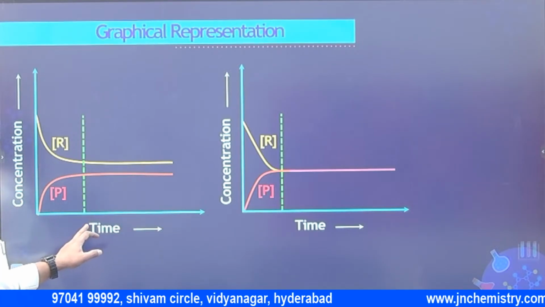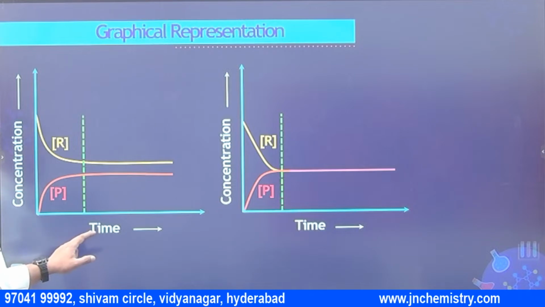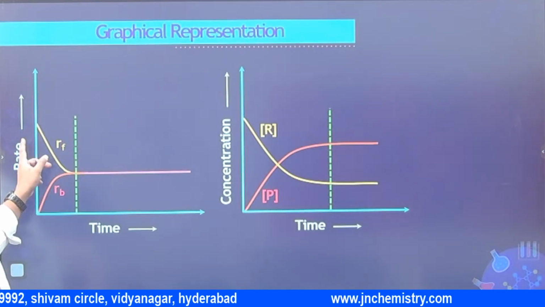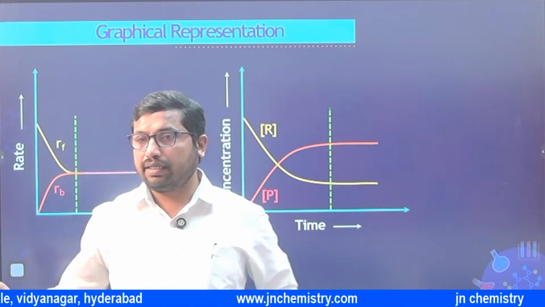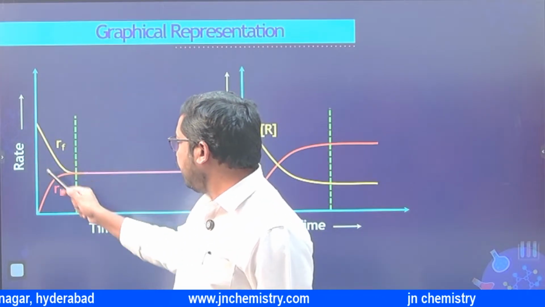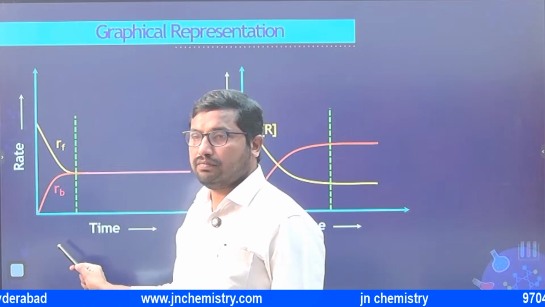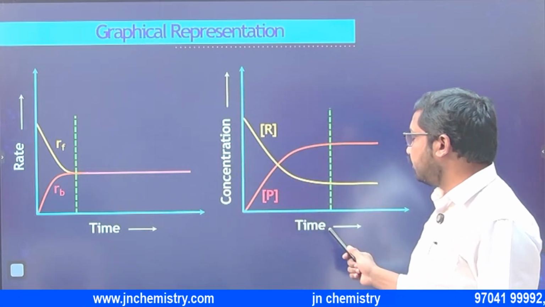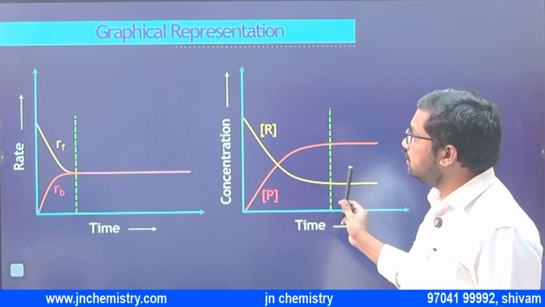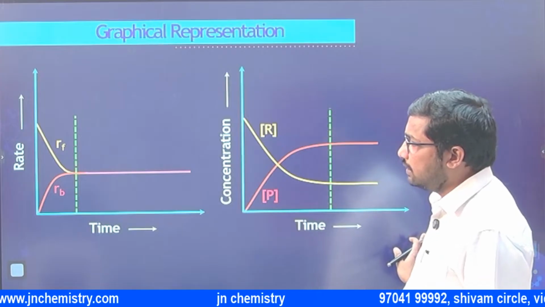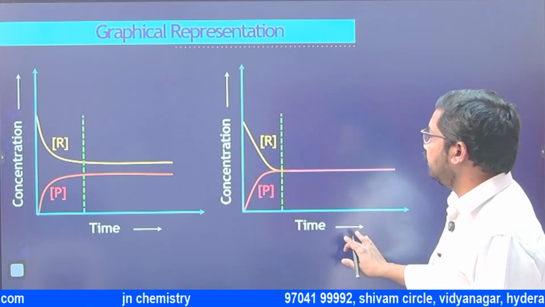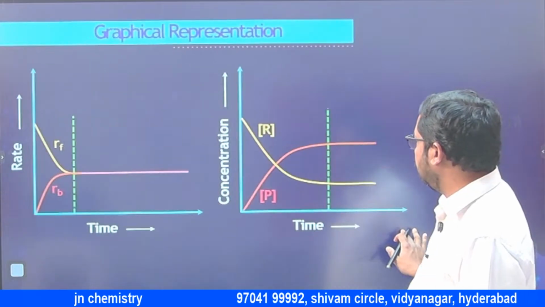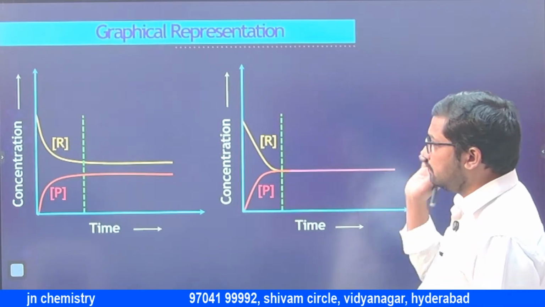I gave you, right? So for the rate case, equilibrium is only this one, rate of forward and rate of backward, when rate versus time. When concentration versus time, this is correct. Okay, and I already gave you this one and this one. Three graphs.